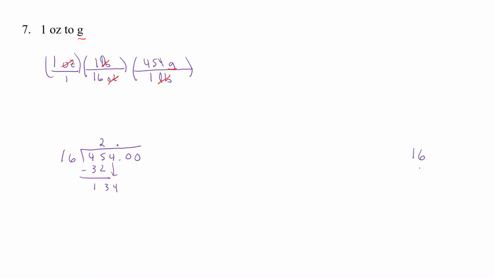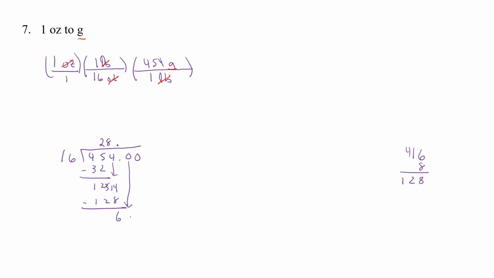Now 16 times, oh, let's see, 5, 6, 7, 8 maybe. So that's 48. That's a 12. All right, so then that's going to be an 8. So that's 128. Subtract that. And so that's going to be 2, 14 minus 8 is going to be 6.